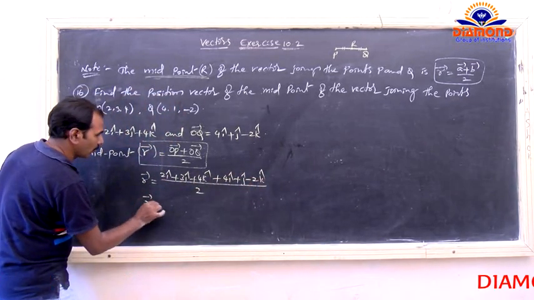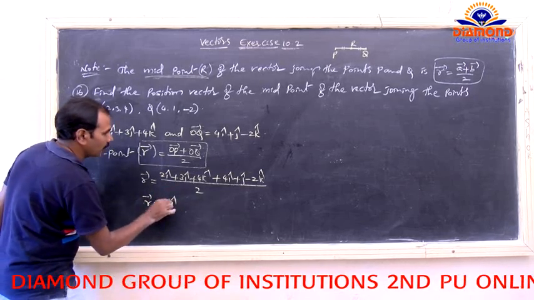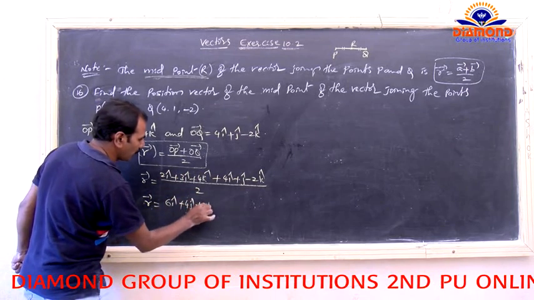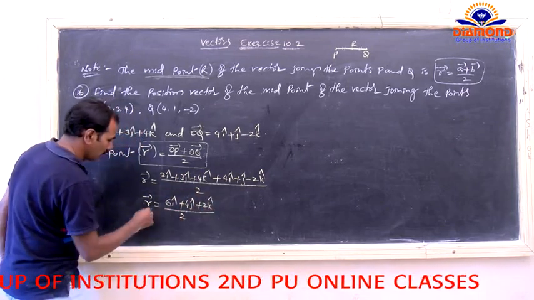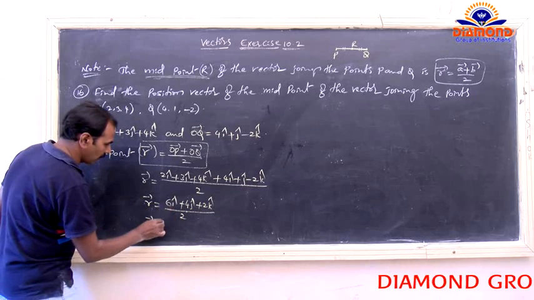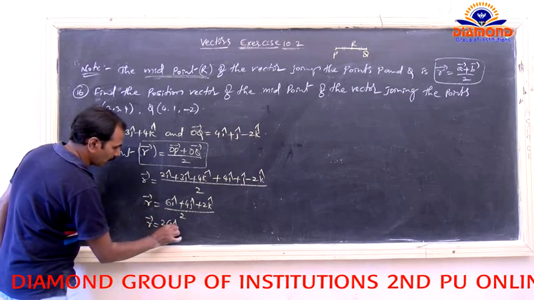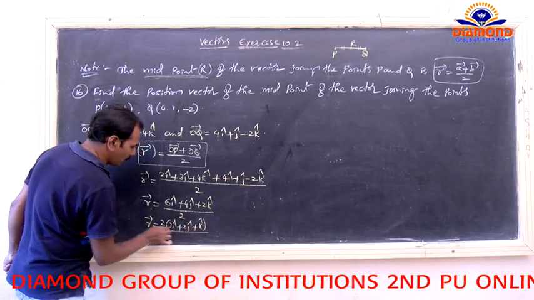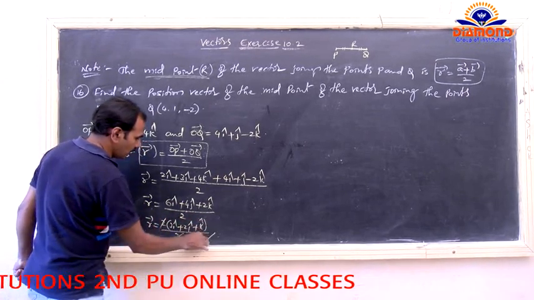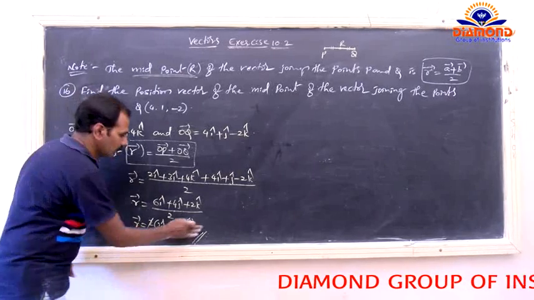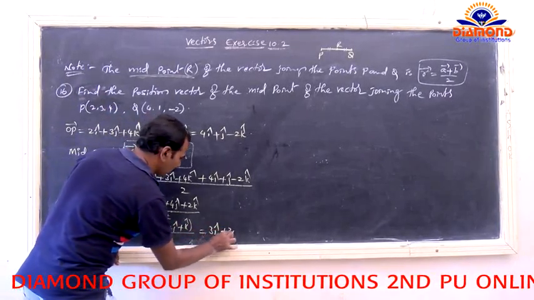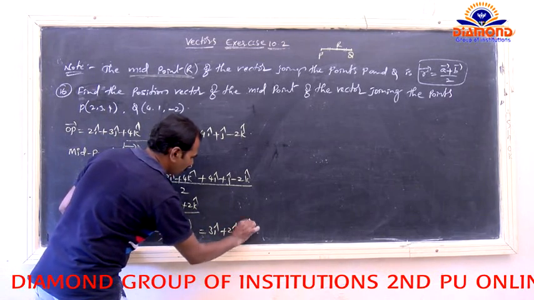So R bar equal to 6i cap plus 4j cap plus 2k cap divided by 2. What is the common value? 2. 3i cap plus 2j cap plus k cap; the 2 gets cancelled, remaining your answer. It is equal to 3i cap plus 2j cap plus k cap. This is your answer.